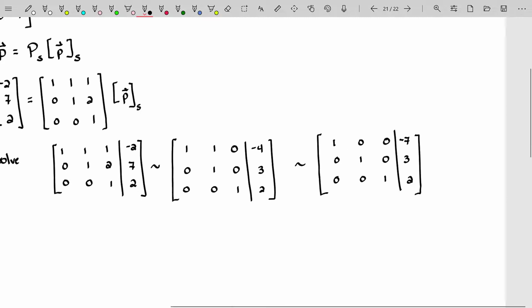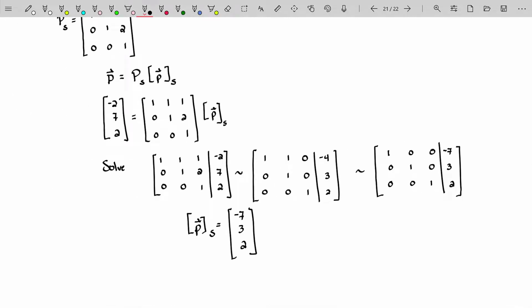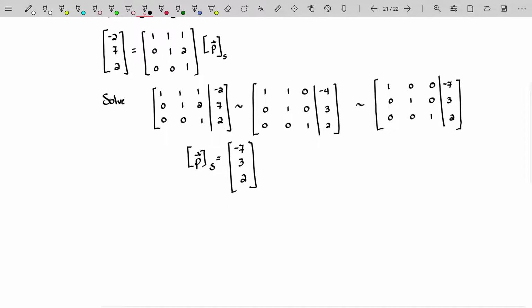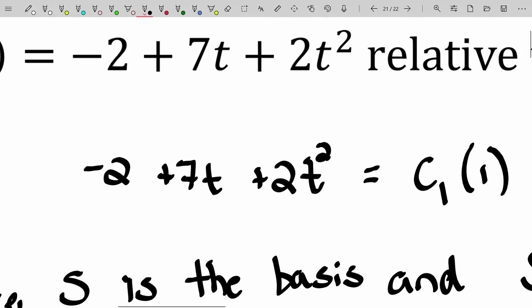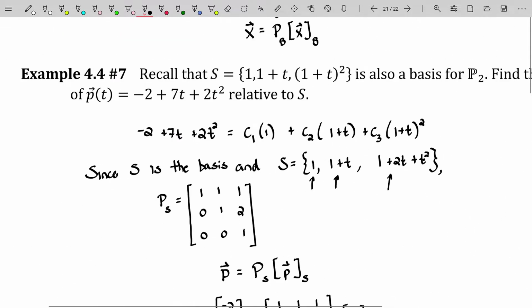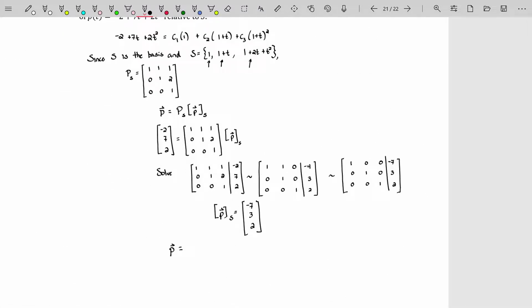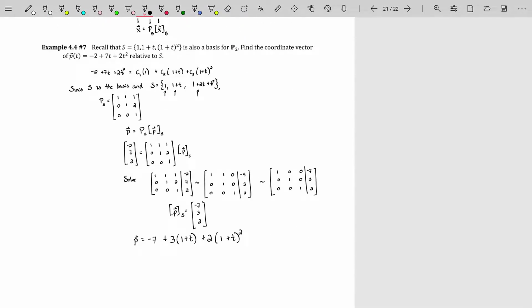When we do so, we get that the S coordinate vector for p is negative 7, 3, 2. That is, p, which is the polynomial right here, can be written as follows. It's a pretty nice application where you might want to recenter a polynomial.